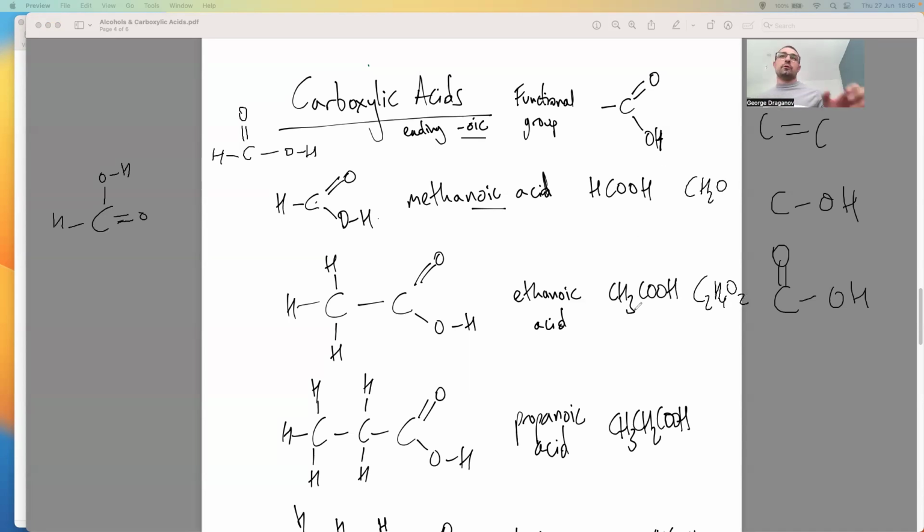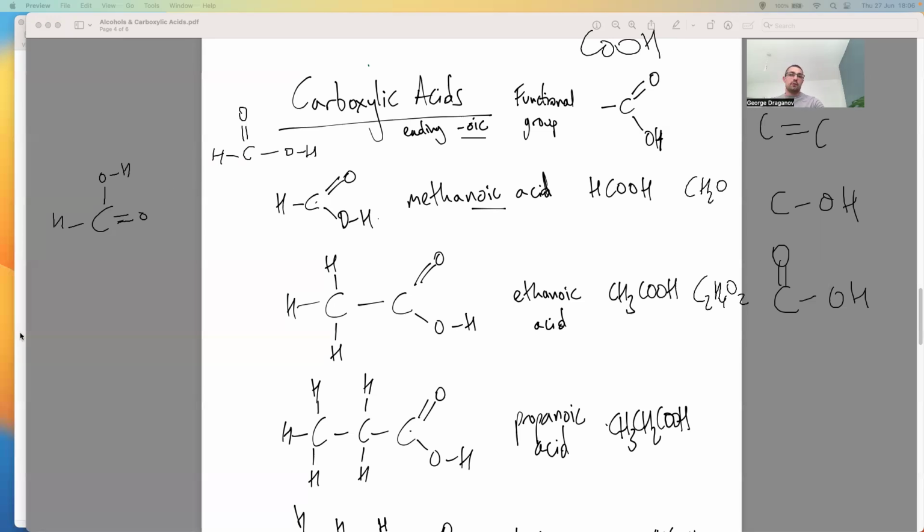This is the structural version in sections. So for example, this one is CH3CH2COOH. I like to call it the COOH functional group. So be able to name and draw the first 5, I would say.